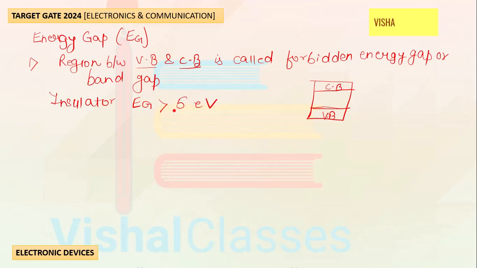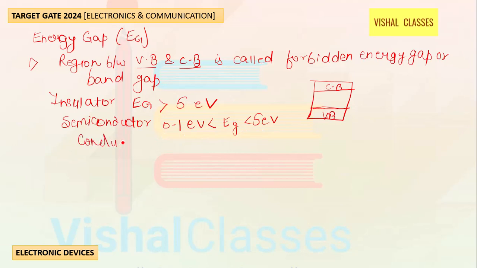In insulator band gap is large, while in semiconductor its value is in the range of 0.1 electron volt to 0.5 electron volt.